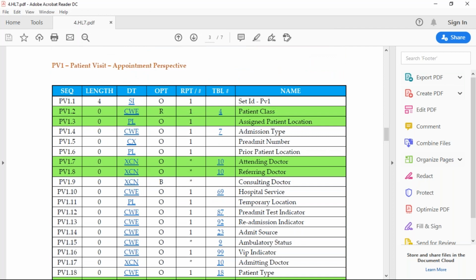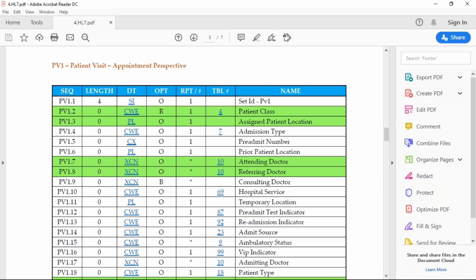So the next segment that we have is the PV1 segment. We have already seen PV1 and covered it in the demographic message. But when we were talking about that, I also said PV1 has its own significance based on the appointment, based on the message type that we are dealing with. When we talked about PV1 in a demographic message, we covered various fields.